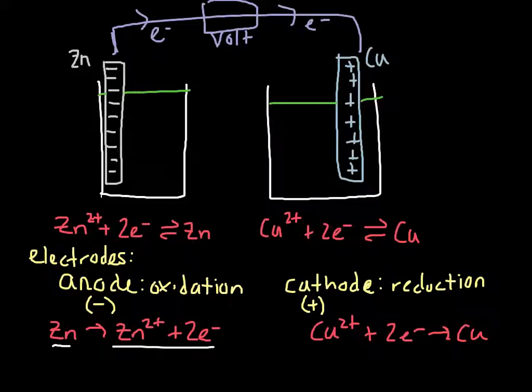Those electrons are going to move across that wire through the voltmeter, so we know how much is there, to the copper metal. Because the copper metal prefers to be reduced, or is essentially forced to be reduced because of its position in the reactivity series, that copper ion is going to accept those electrons to create a solid copper precipitate.